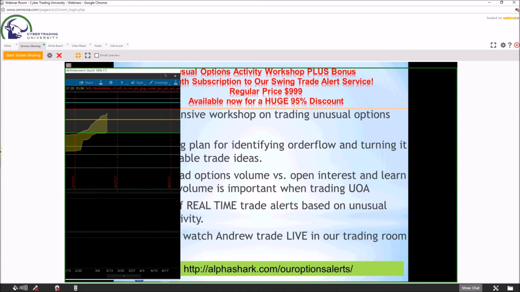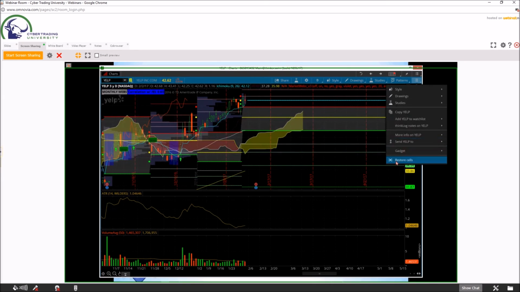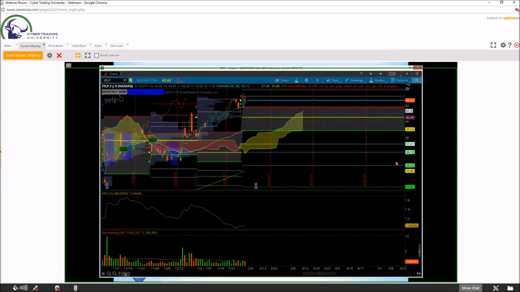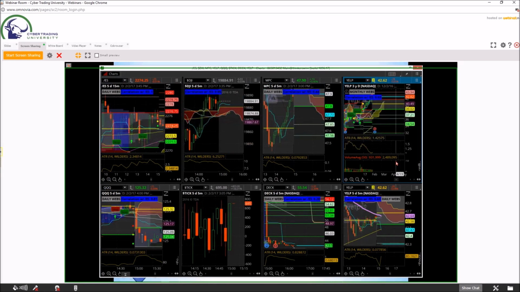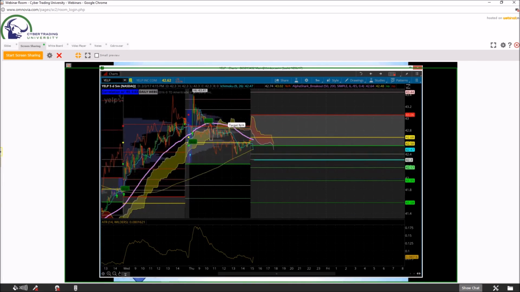We saw a lot of short-dated put buying in Yelp while it was trading near the highs of the day. This morning in our trading room, we were watching this happen and began to say, if I was long anything in Yelp, I'd start to look to get out on the open. And lo and behold, the stock reversed and went into the red by the end of the day.